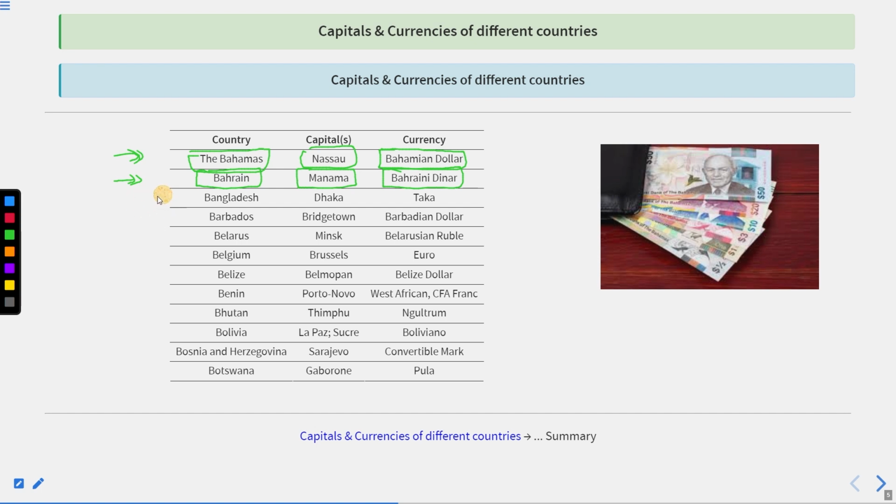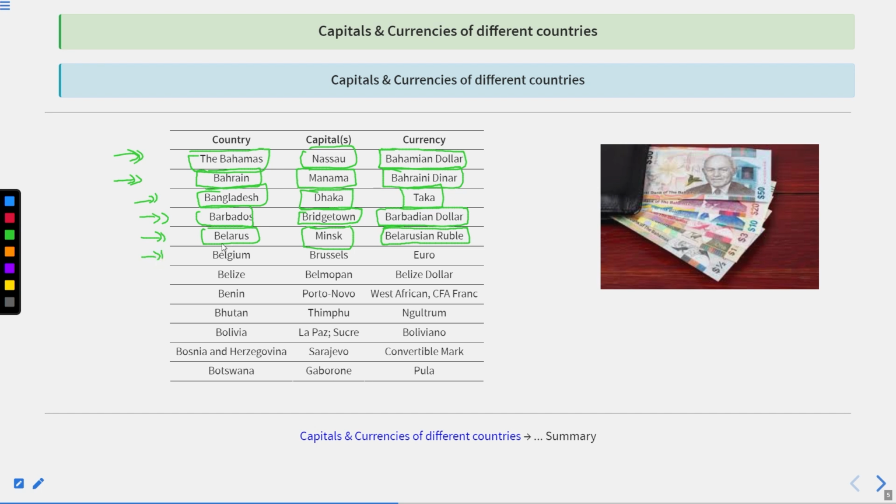Then Bangladesh, country. Capital Dhaka. Currency is Taka. Then Barbados, country. Capital is Bridgetown. Currency is Barbadian dollar. Belarus, country. Capital is Minsk. Currency is Belarusian ruble.